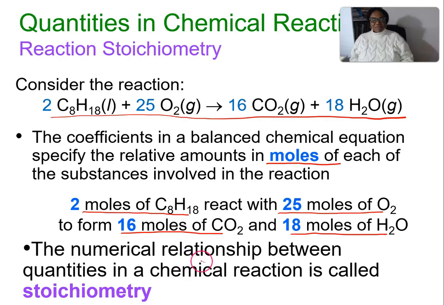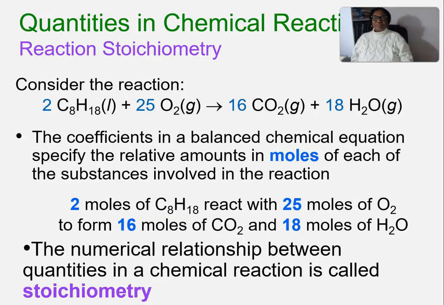This numerical relationship between quantities in a chemical reaction is what we call stoichiometry. So when we talk about stoichiometry, we are talking about this kind of numerical relationship between quantities in chemical reactions.